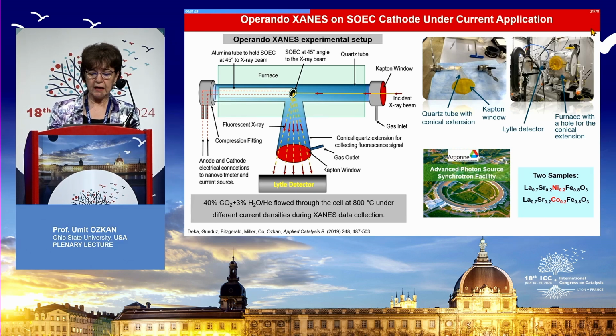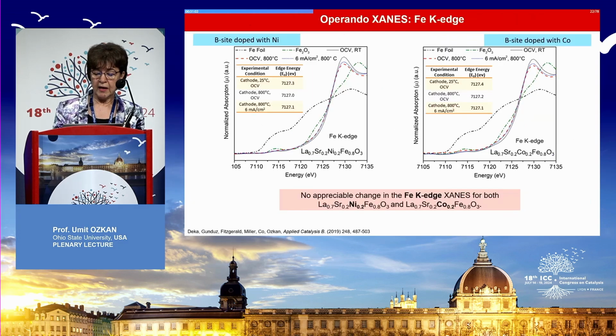The X-ray beam is at a 45-degree angle to the surface of, in this case, the cathode. And we're, again, working at 800 degrees centigrade. The composition is identical to what we have in a typical electrolytic cell. We have conducted these experiments at the Advanced Photon Source of the Argonne National Lab.